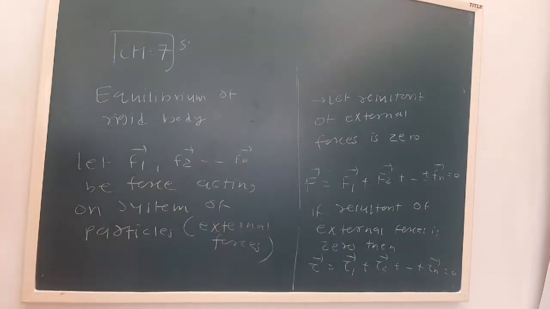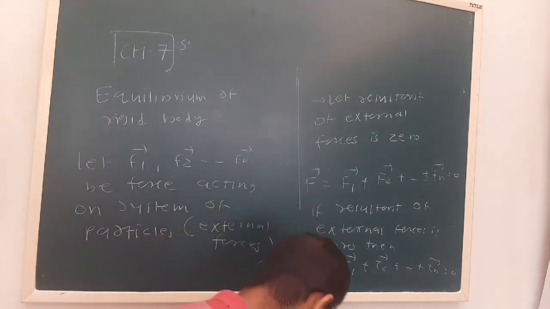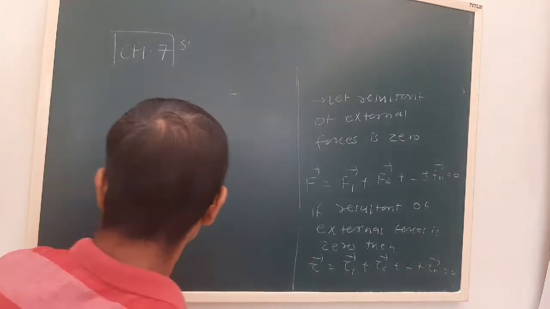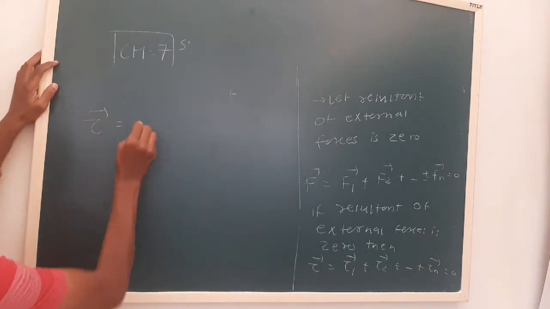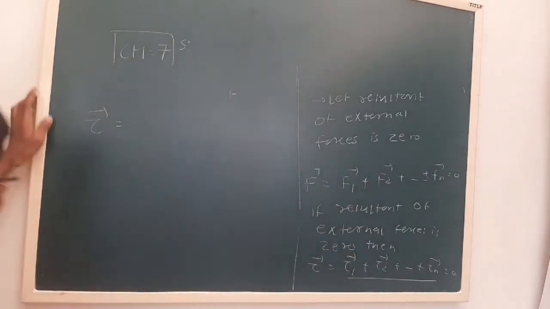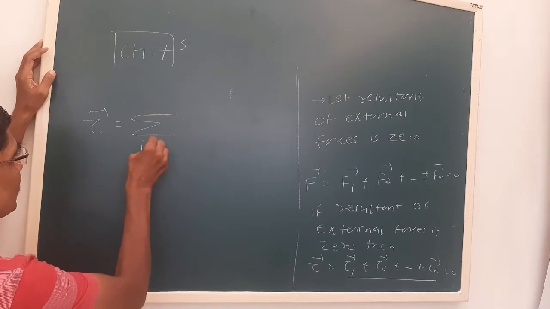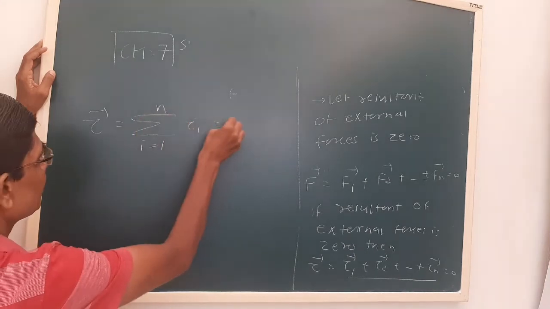Why? Because the force acting on a system of particles is zero. Now this we can write in terms of summation also. There is a total torque. I want to write it in the form of summation, sigma i equals 1 to n, tau i.